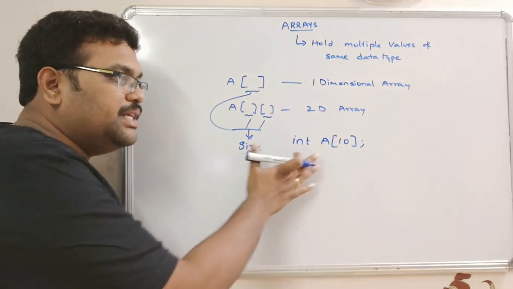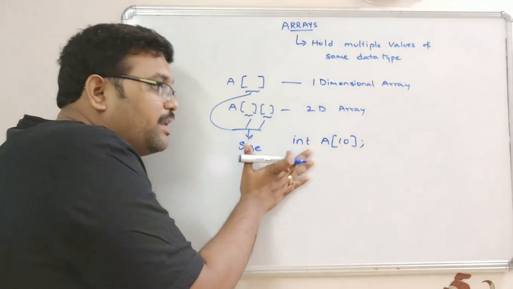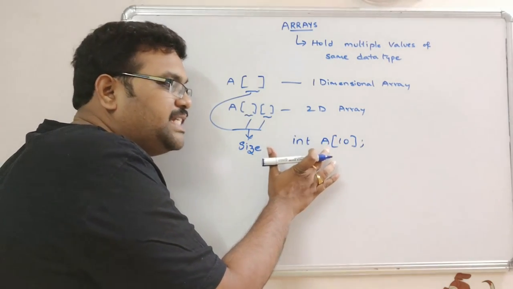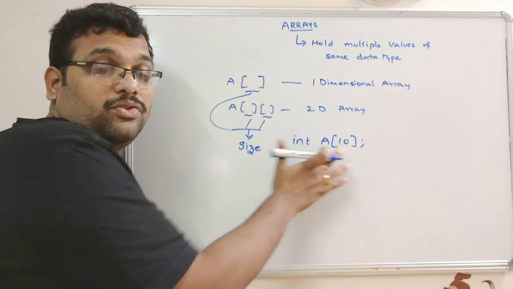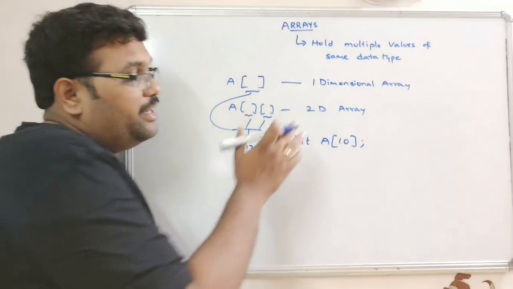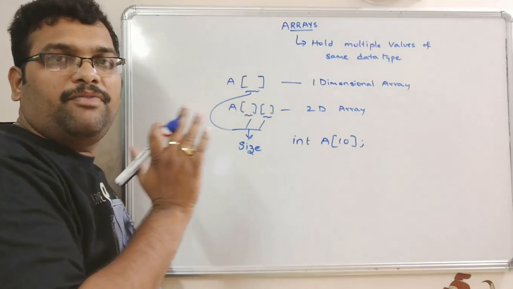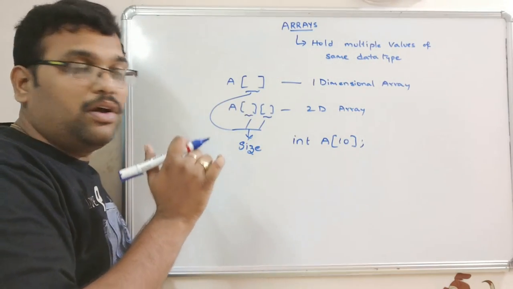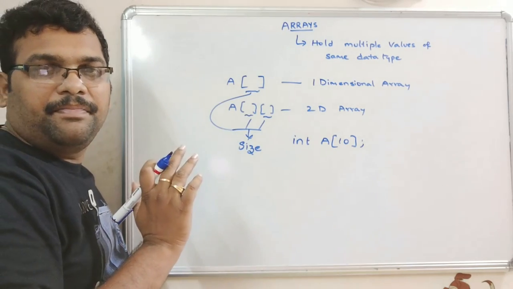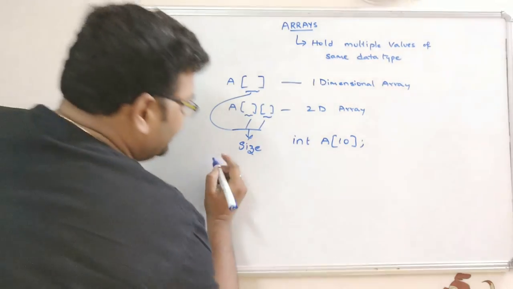This statement declares an array a which can hold a maximum of 10 elements. It doesn't imply we should use all the 10 elements. It implies it can hold a maximum of 10 elements. Depending upon our logic, we can use between 0 and 10 elements.